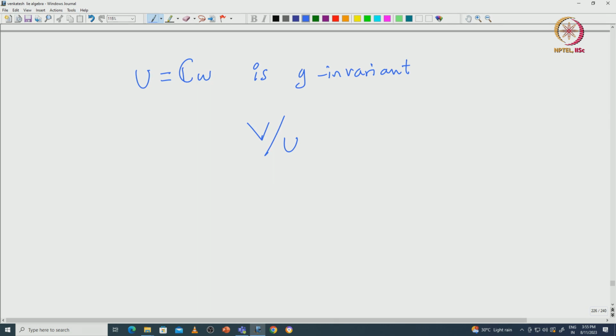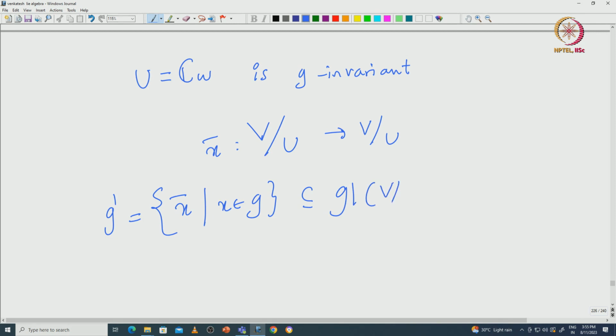For each x in G will induce x bar, which will be a map from V modulo U to V modulo U. So, now look at this x bar where x is coming from G. So, this will be a subalgebra of this GL of V modulo U.